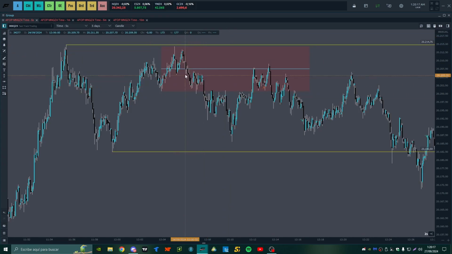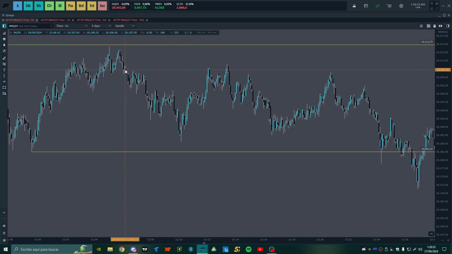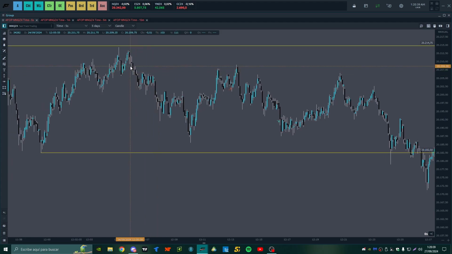So already I have this area, and in turn, this rejection and this tap I can consider as a first touch to this area, and in turn we can see that it is respecting a small fractal here. There is a small bullish candle here, and since we have nothing else, simply fractals, this was that last accumulation before breaking this low.